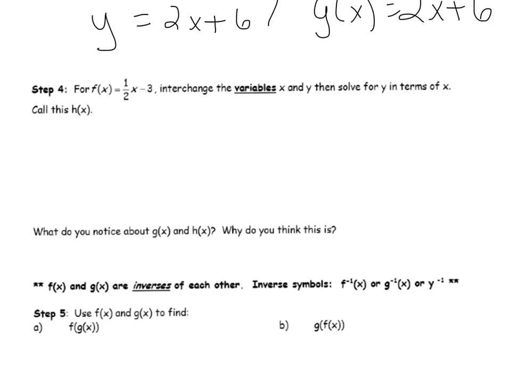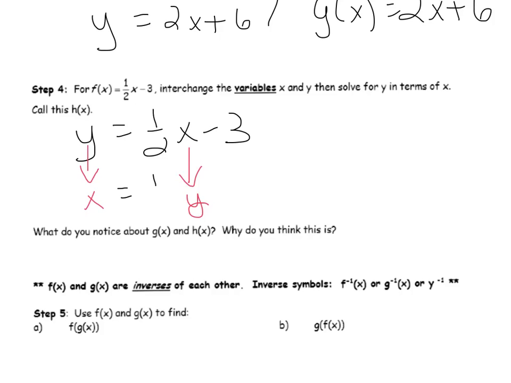So this was y equals 1/2 x minus 3. Now, where I had the y, I'm now going to put in an x, and where I had the x, I'm now going to put in a y. So I end up with x equals 1/2 y minus 3.